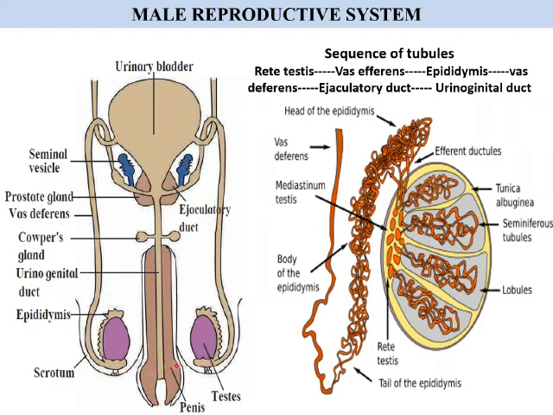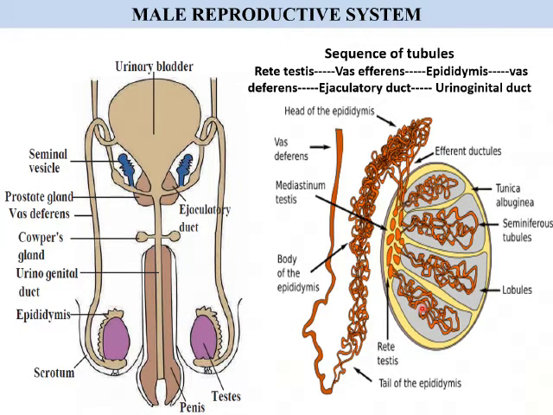Now that we have seen the various parts, we will try to understand how the male gametes are produced and what path they take. The cross section of a testis is given here. The testes look like this from inside. The testis comprises several tubules called seminiferous tubules.